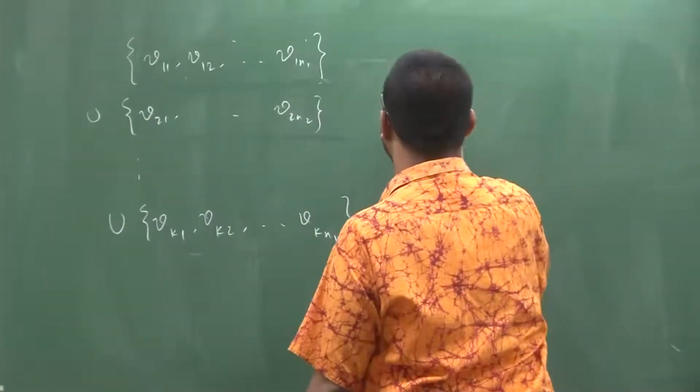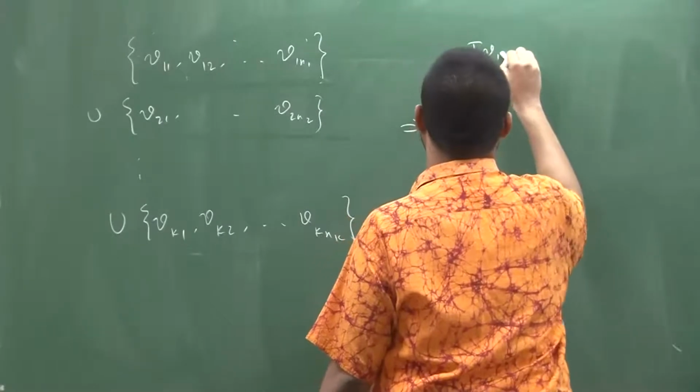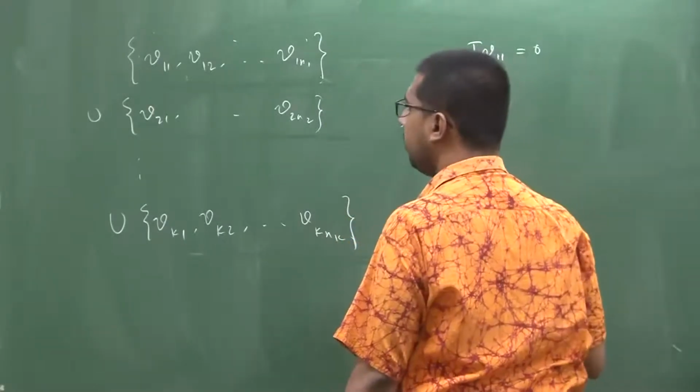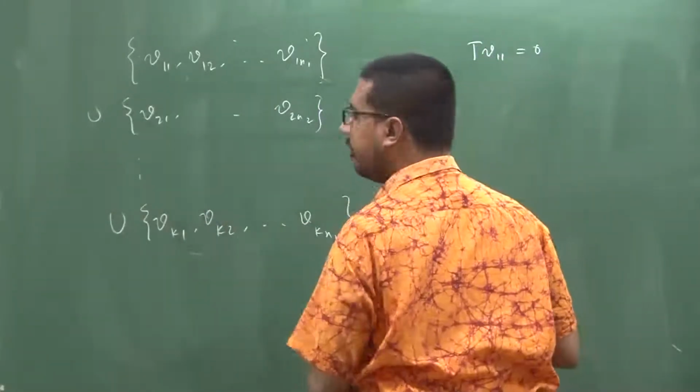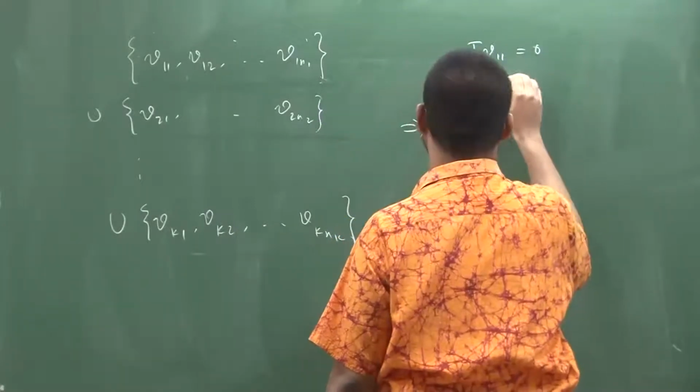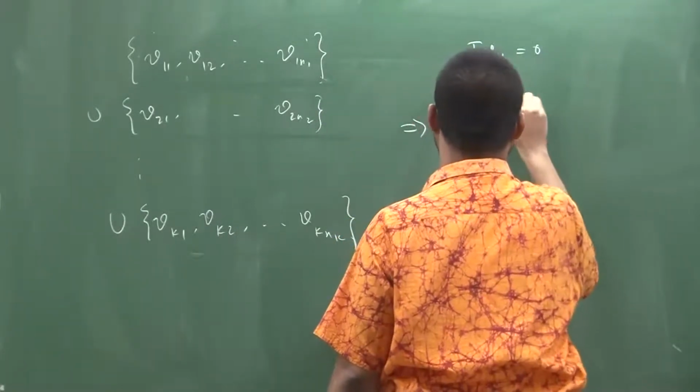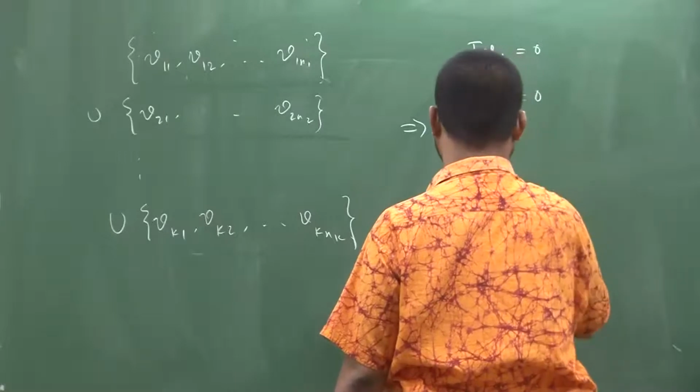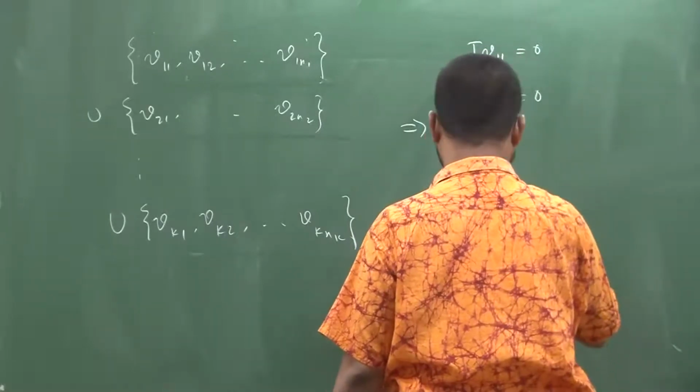So, this says T v11 has to be 0, because it is a Jordan string corresponding to 0. Similarly, T v21 up to T vk1 is 0.